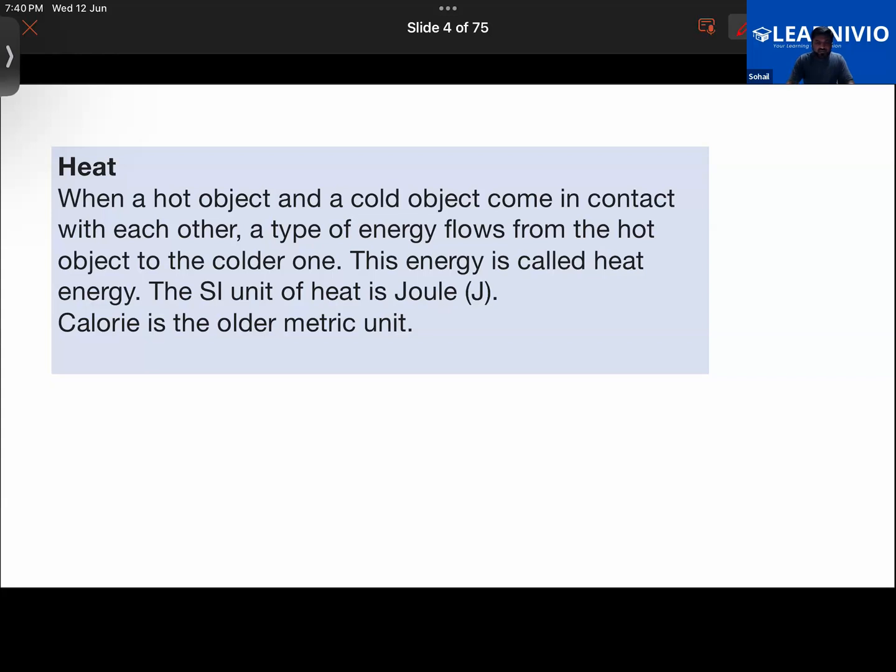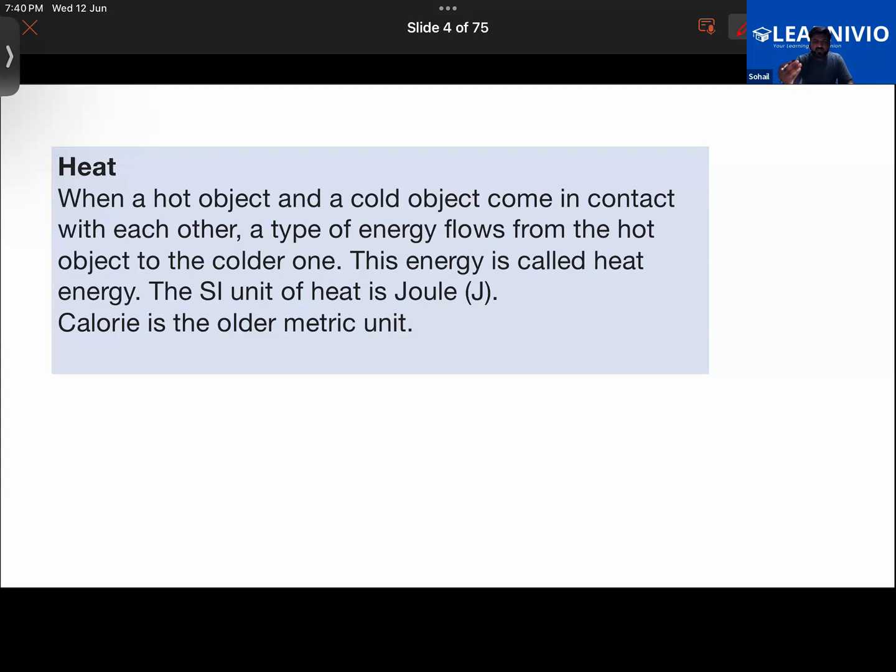So Fatima, so far we were learning that heat is a form of energy. How do we practically observe this? Whenever a hot object and a cold object come in contact with each other, some energy flows from the hot object to the cold object. Say you are holding some ice cubes in your hand.